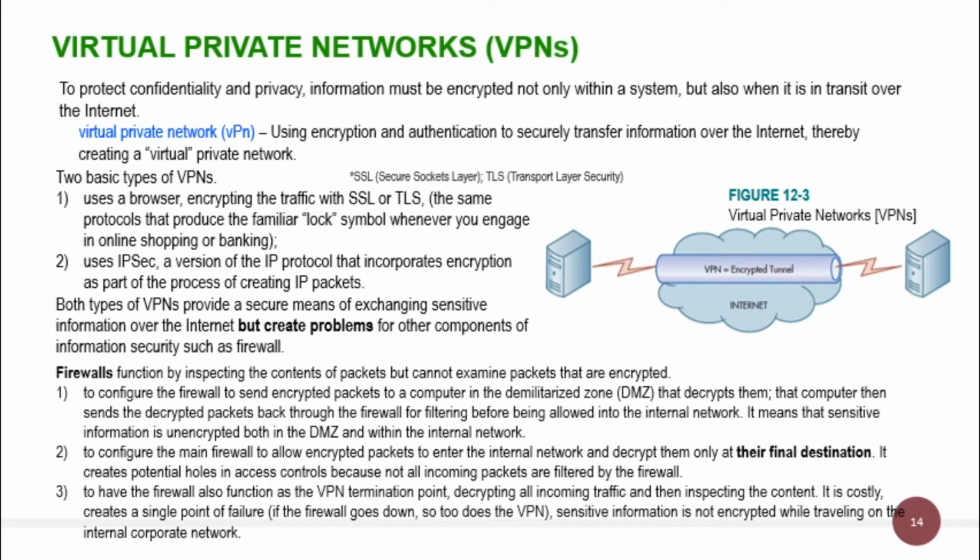So first, configure the firewall to send encrypted packets to the computer using a DMZ zone. This is the DMZ zone, which means they make the VPN familiar with the demilitarized zone, something like that.